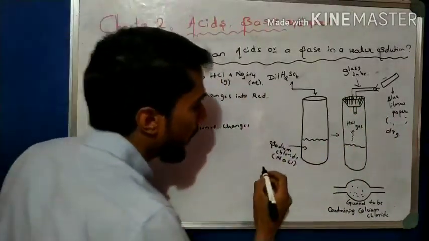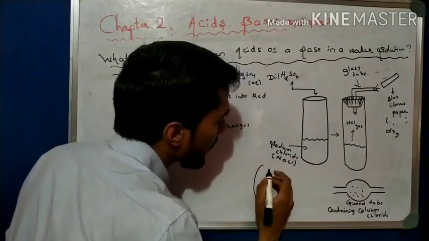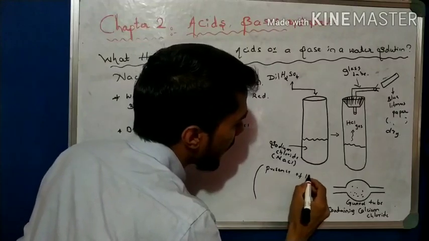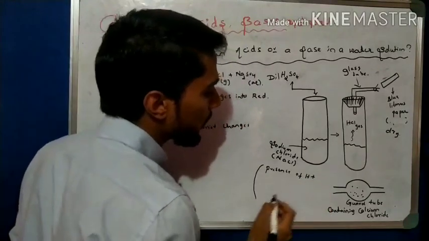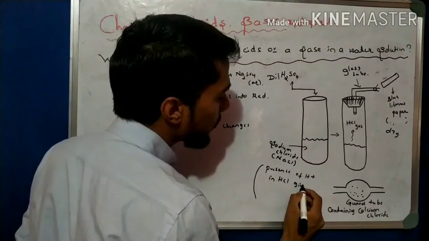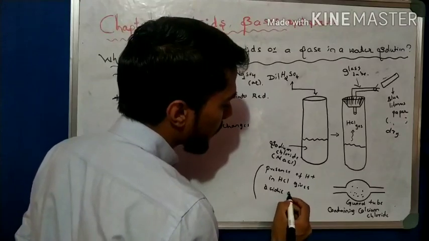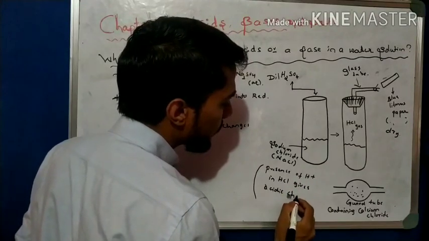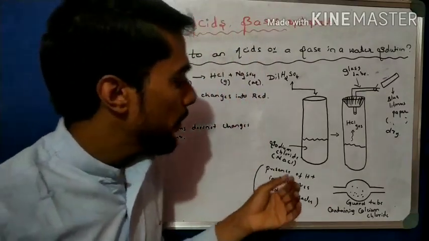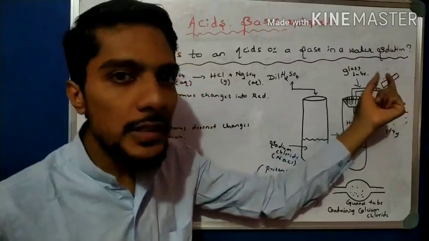That is very important, write this point: the presence of H plus ions in HCl gives acidic character. Acidic character means the color change from blue to red.